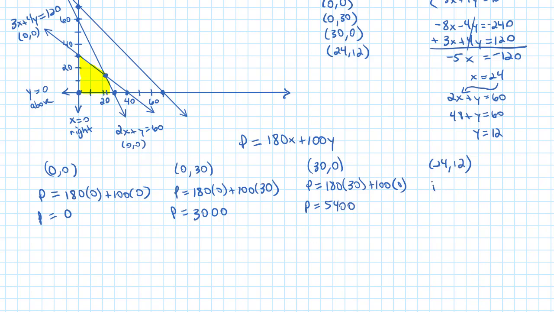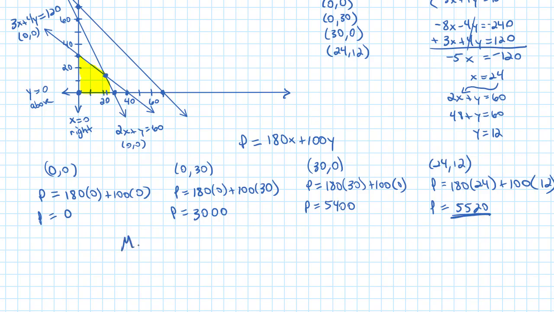And finally, if I have 24 acres of soybean and 12 acres of wheat, then my profit will be $5,520. Okay, so that's my maximum profit.